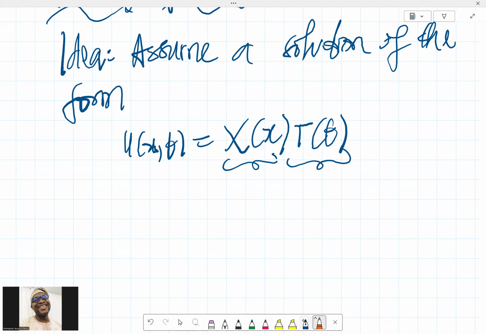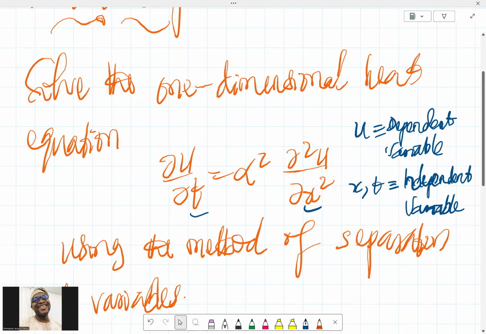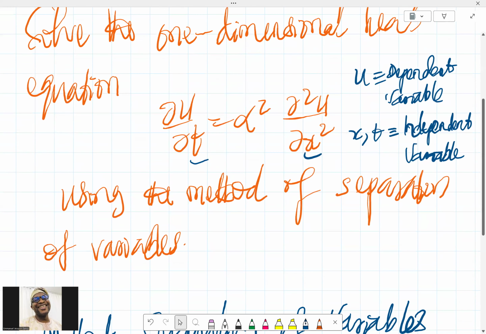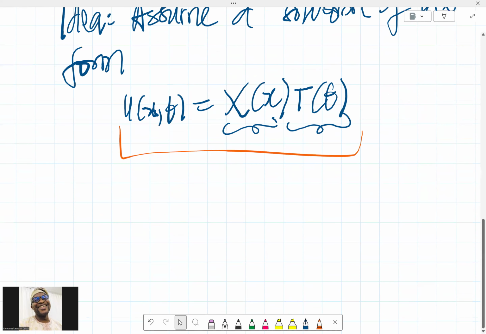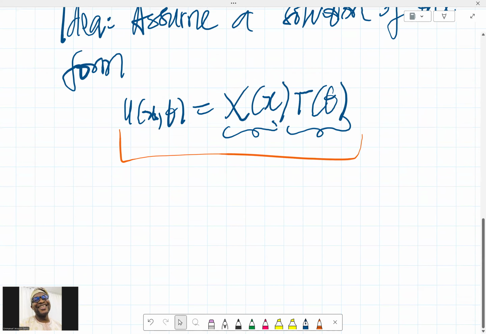Because u is this now, we can put it into the original expression. We have to differentiate.